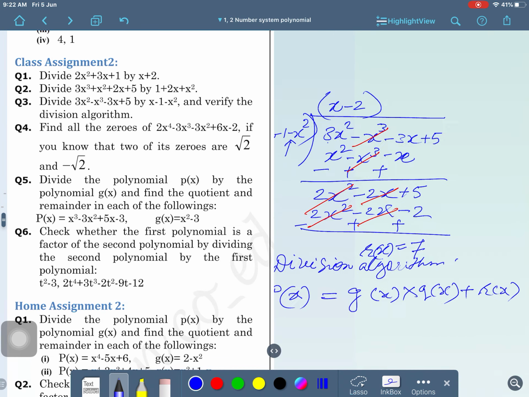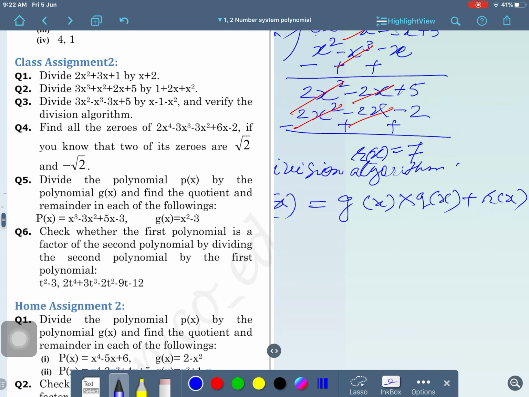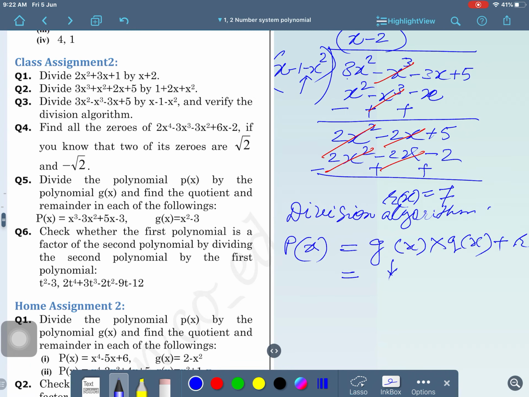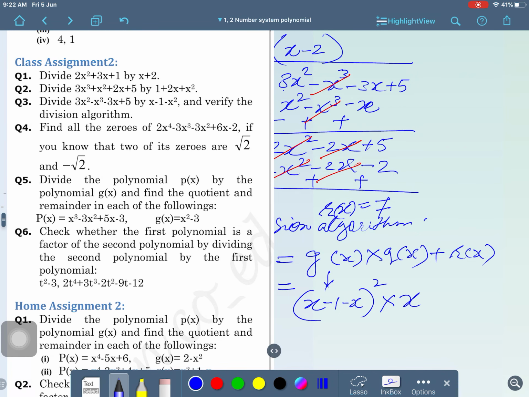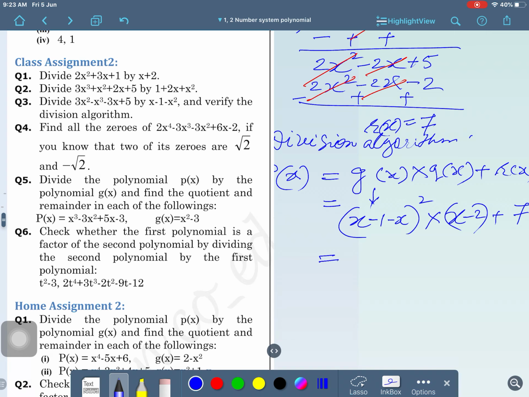This is the division statement here, you may see. Clear? So put the values here. What is P of x? g of x is you may say minus 1 minus x whole square, into what next? q of x, x minus 2, plus what is r of x? It's 7. Now, do solve this.